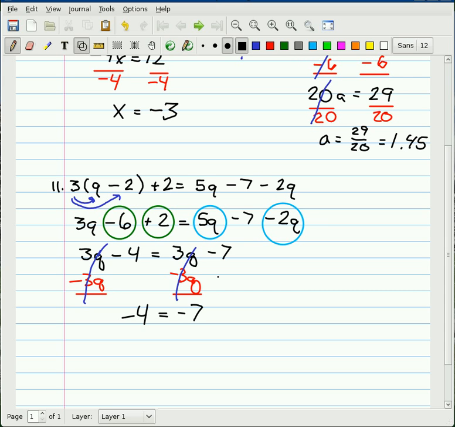And this does not make any sense. So I'm going to write that there's no solution. There is no value for the variable that'll make this equation work.